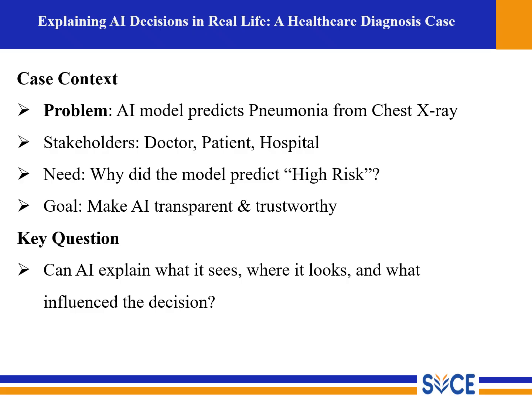So the goal is simple: make AI decisions transparent and trustworthy. The key question is, can AI explain what it sees and why it made a decision? Where it looked and what influenced the decision, right?